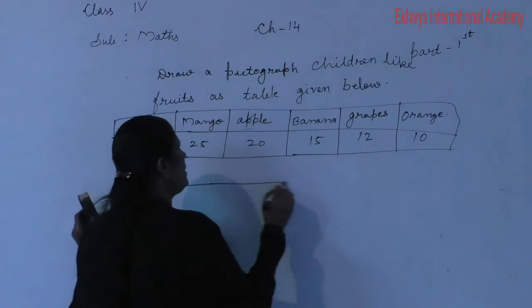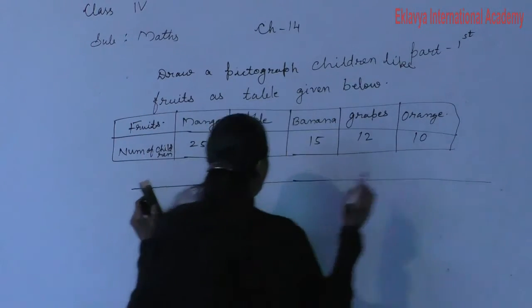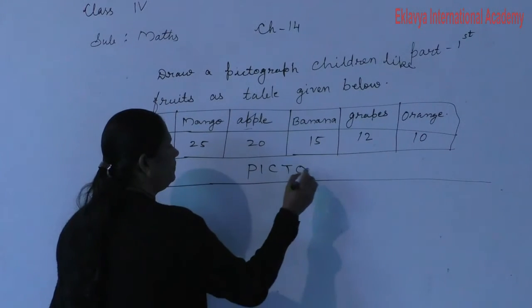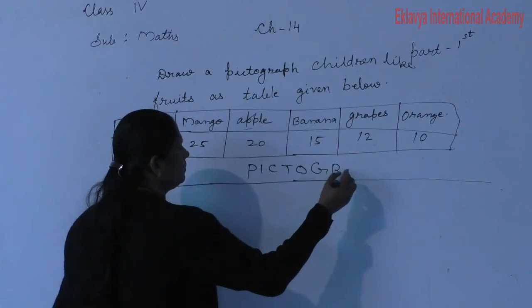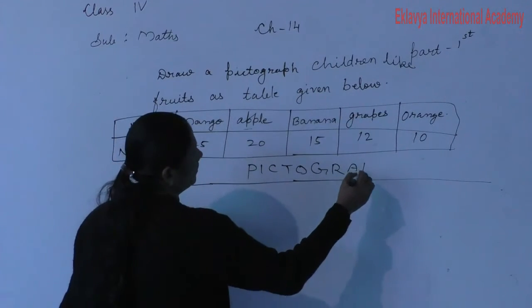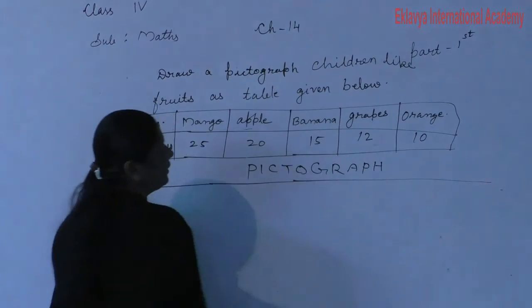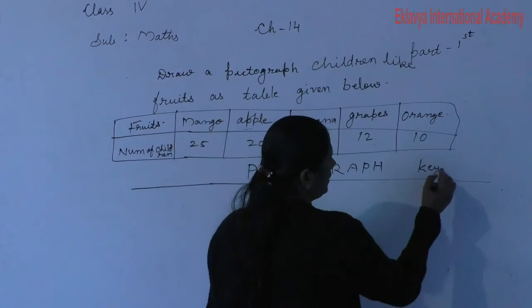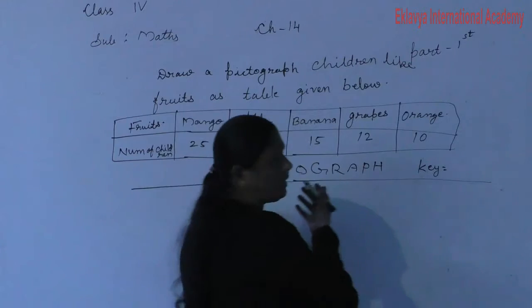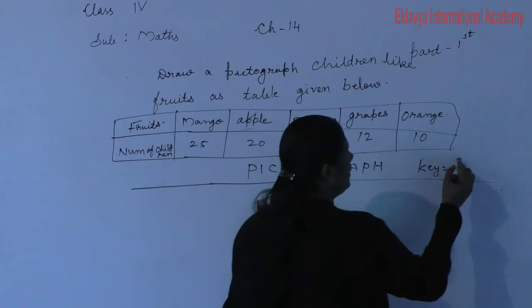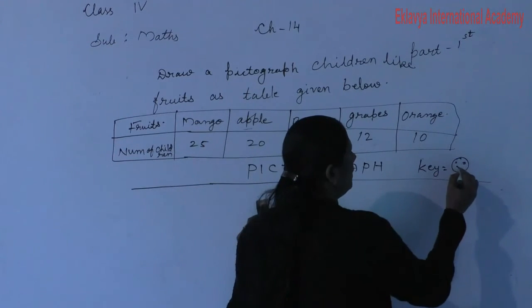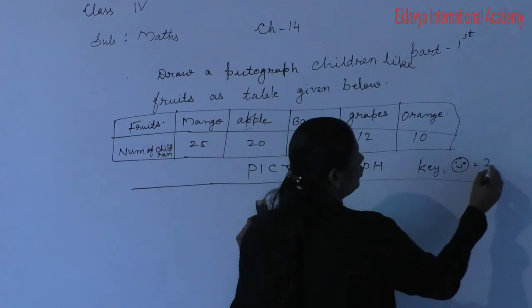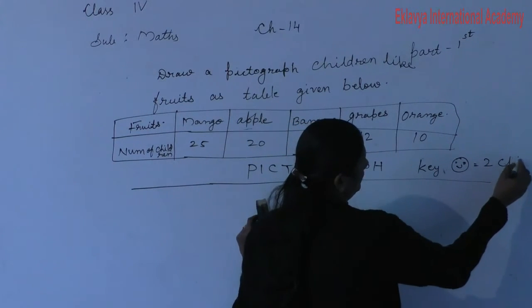Then the key on the upper side: for the children you write a smiling face, and one smiling face is equal to 2 children.